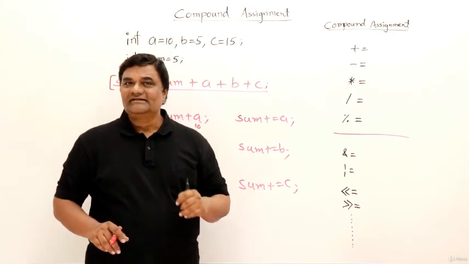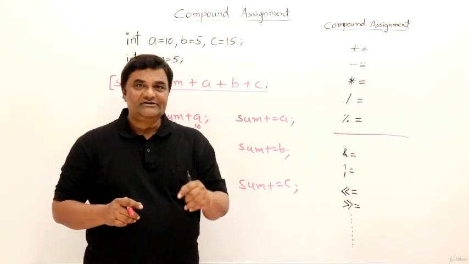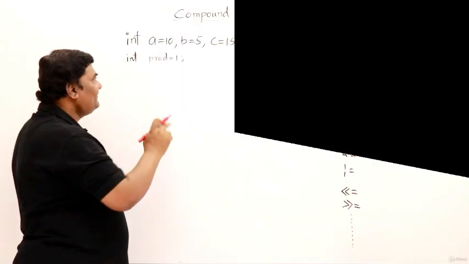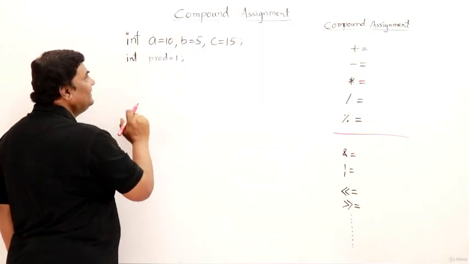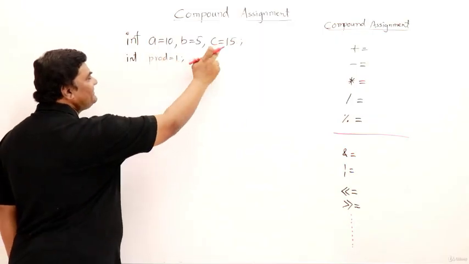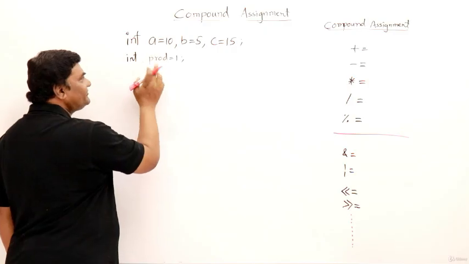Now I will take one more example for multiplication. Here I have a variable called product which has value 1. I want to multiply A, B, C and also product, and store the result in product.